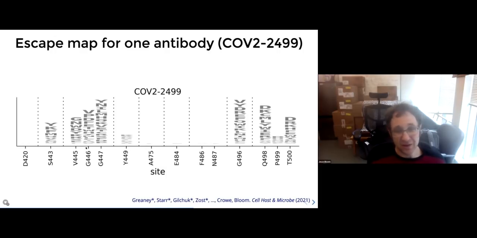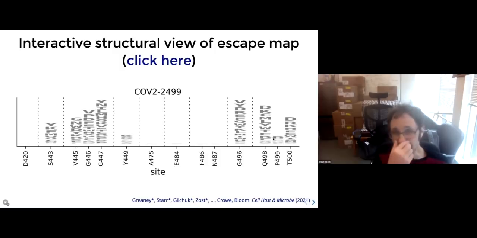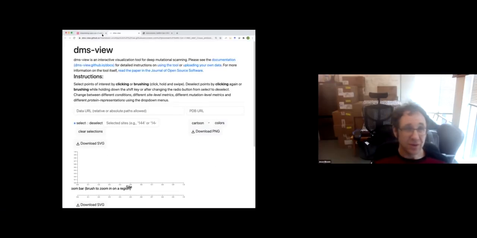Here I'm just zooming in on some key sites. And all of the sites that I'm not showing look like this. They have no mutations that escape antibody binding. So you can see there's a few sites like 443, 445, 446, 447, and down here where mutations strongly reduce antibody binding. And in fact, we can understand that in terms of the structure of the molecule.